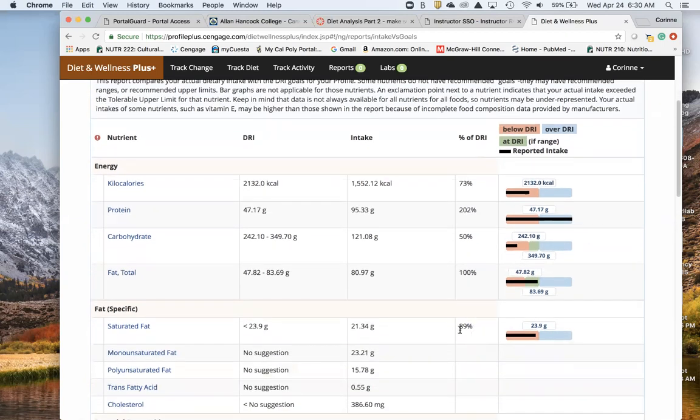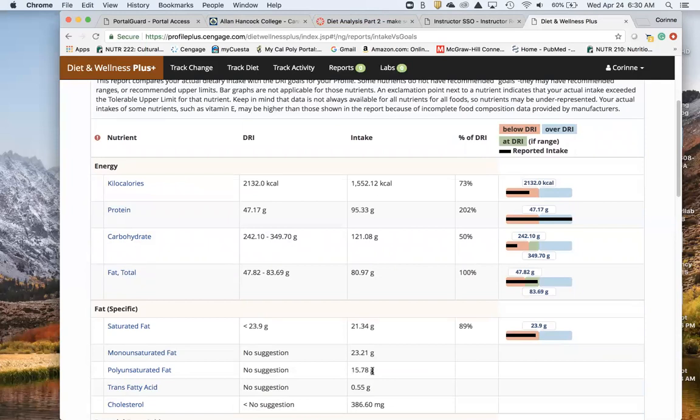My saturated fat, I'm below 100%, which is totally fine. My saturated fat goal is less than 23.9. My monounsaturated fat, I had 23.2, so that is totally fine. My polyunsaturated fat, there's not a range there.